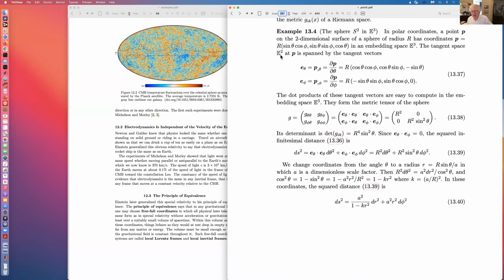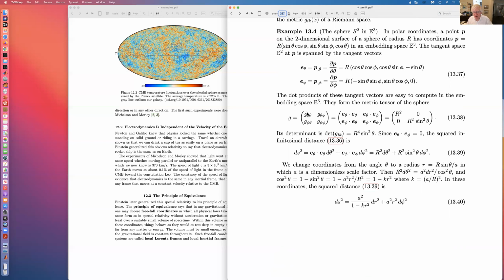And the tangent space is 2-dimensional. It's a plane at each point on the surface of the sphere, a tangent plane. And the 2 basis vectors are the derivatives of the point with respect to the coordinates, either theta or phi. And when you differentiate p with respect to theta or phi, you get these 2 expressions here. So these are the 2 basis vectors.